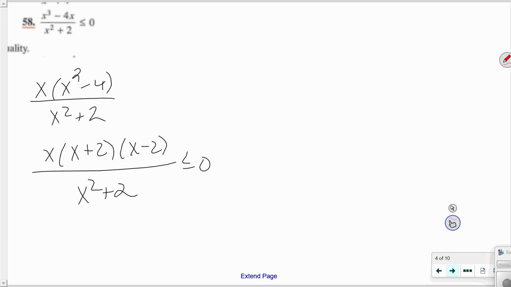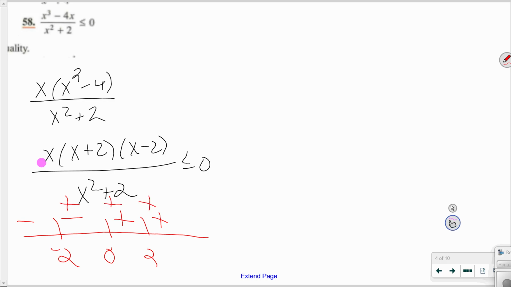Yep, one more. Okay, so last one, right? So what did I do? I factored the numerator, took an x out. Denominator's not factorable, so this is just a straight up sign graph. So sign graph for 0 is normal. Sign graph for negative 2 is normal. Sign graph for 2 is normal.